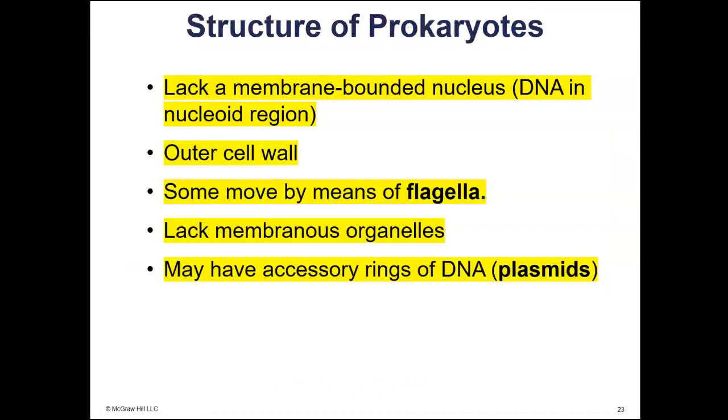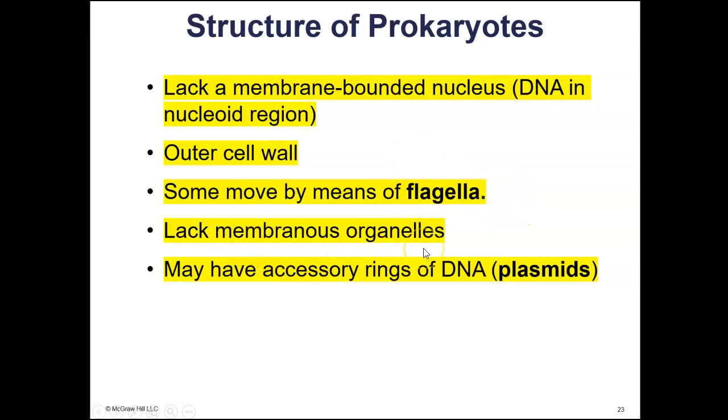Now, as far as the structure of prokaryotes, which would be the members of the domains archaea and bacteria, they do not have a membrane-bounded nucleus. Their DNA is found in the nucleoid region of the cell. They have a cell wall outside the plasma membrane. Some have flagella and can move.